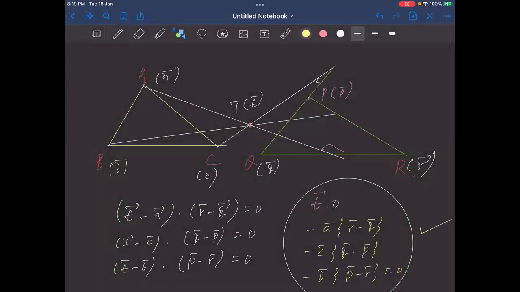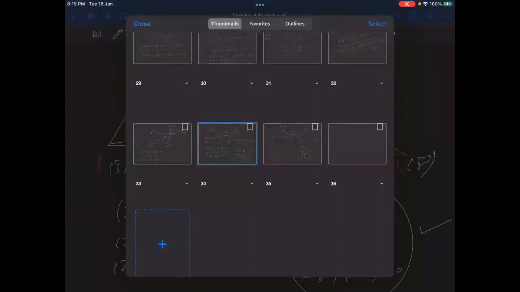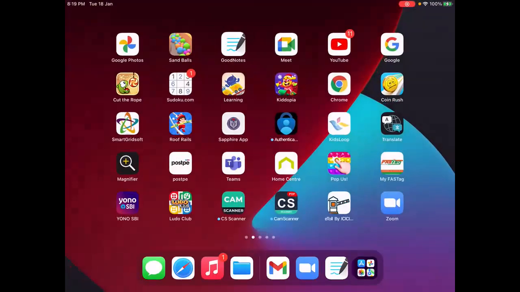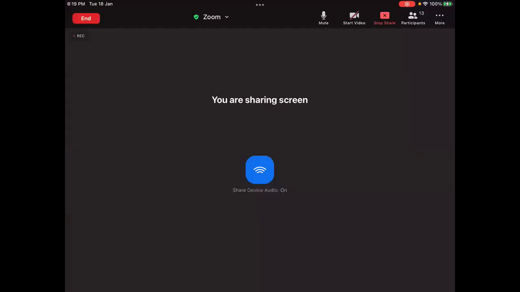So if this is equal to 0, this will also be equal to 0. It means there is a point T1 where the concurrency is happening. Clear? Vice versa is also true. The constant that came in both cases would be equal, so we can do it by that. Correct? Is it clear? Yes, sir.